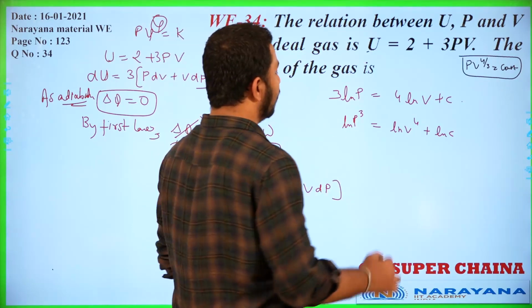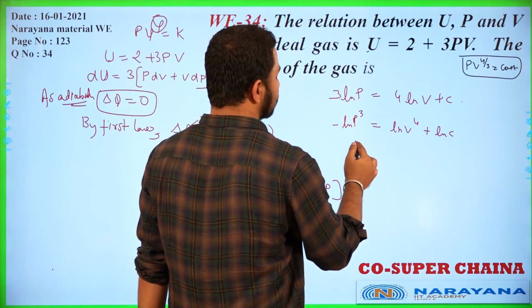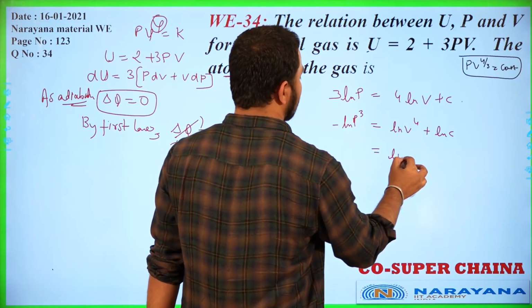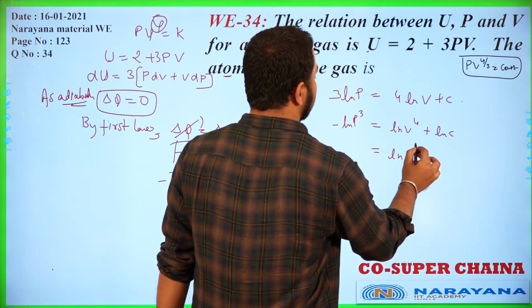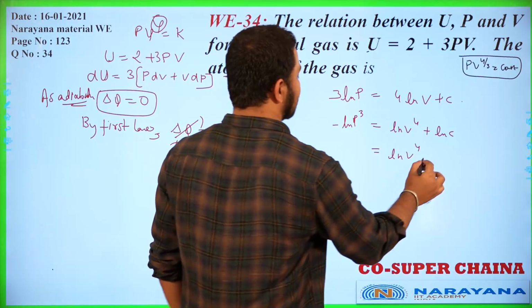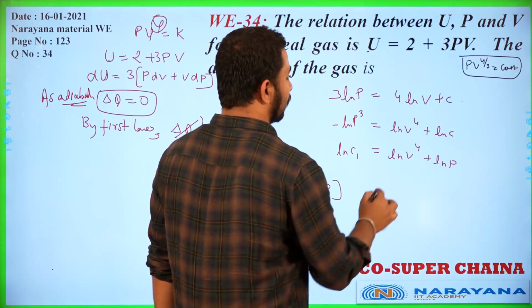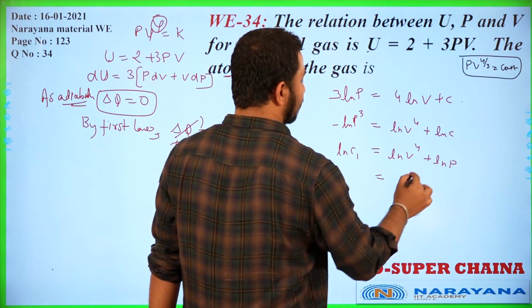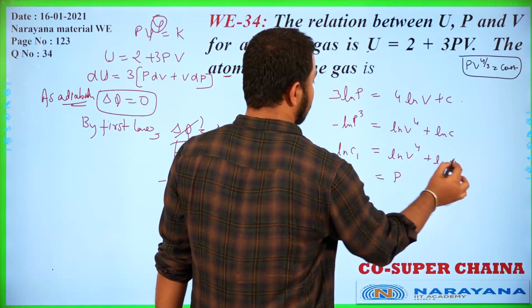If we simplify it, since we already have the minus sign, this will go there. So ln P and V to the power 4 plus ln P, and here we'll have another constant C1. This power we can add because ln will add here.